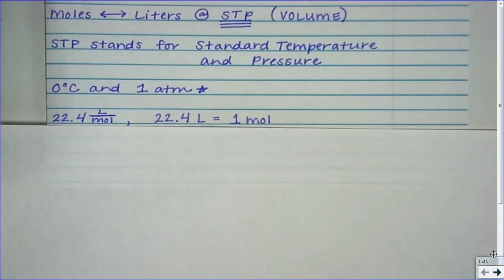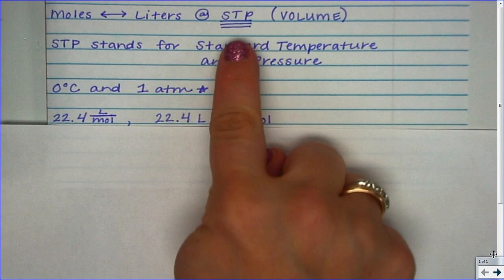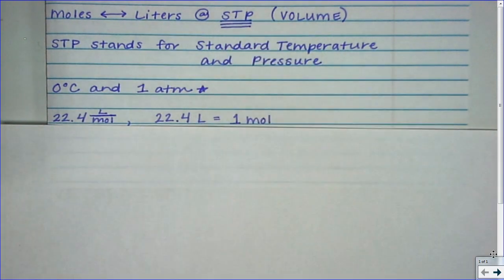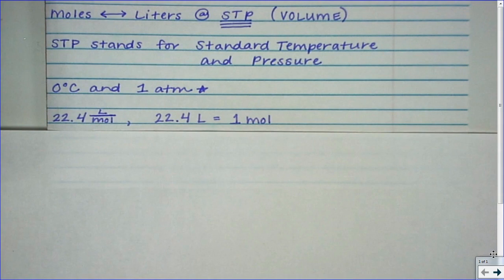For this branch of the diagram, the moles to liters and vice versa, it's key to know the STP part, which I went ahead and underlined a few times right here to draw your eye to it. In order to do this branch of the diagram, you have to be at STP. And so we'll talk about what that is in just a second. It's also written on this piece of paper.